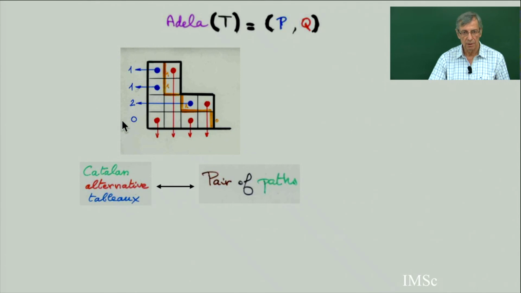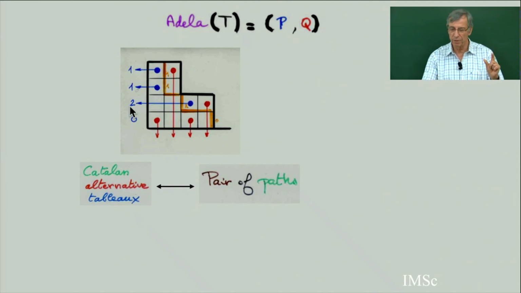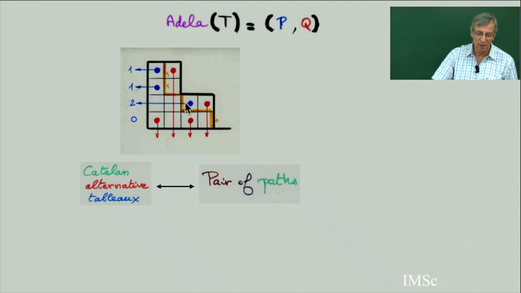And distance between this is 0. What you get by constructing this yellow path from the blue vector, in the case of a Catalan alternative tableau, is another Ferrers diagram which is included in the previous Ferrers diagram. You get a path which goes east or south. So this is the characterization of the P vector in the case of the Catalan alternative tableau.